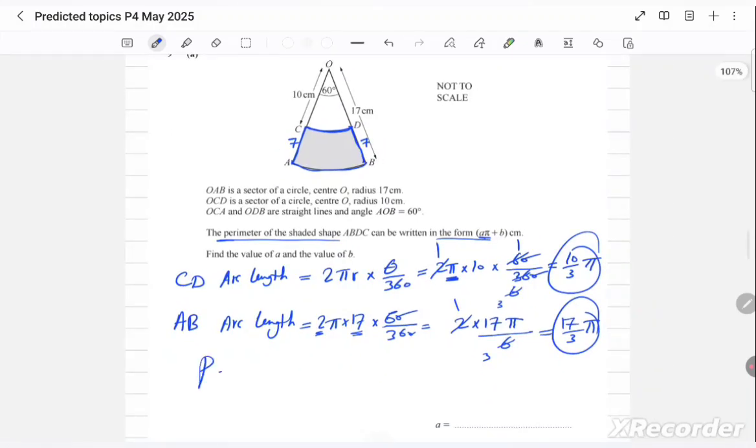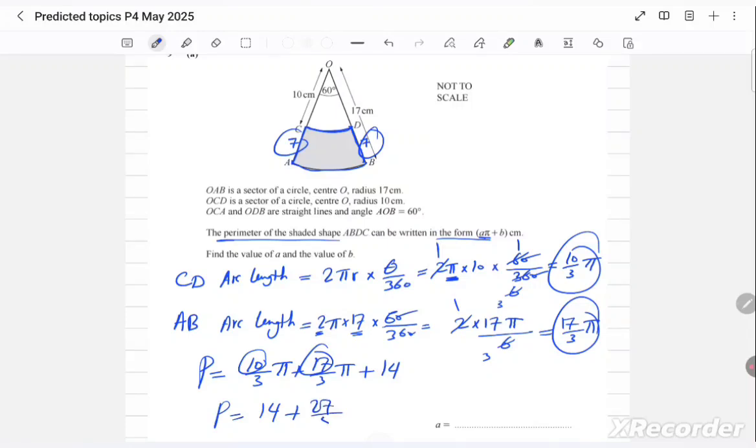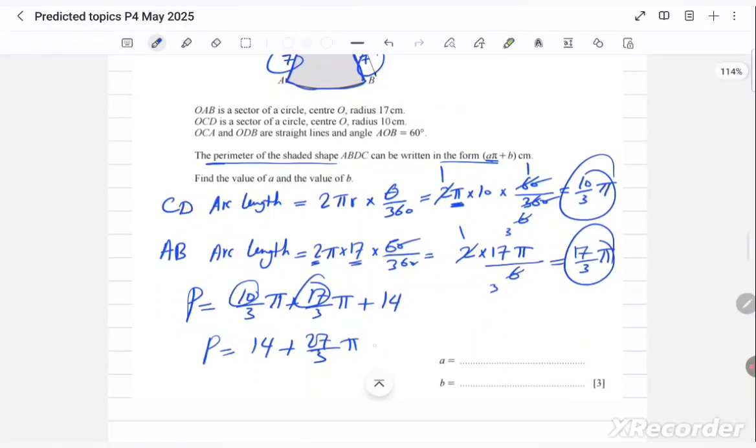So now the perimeter is 10 over 3 pi plus 17 over 3 pi, plus don't forget that we have 7 plus 7, which is 14. So the answer is 14 plus, look here, 10 plus 17 is 27 over 3 pi. So the answer is P equals 14 plus 9 pi.